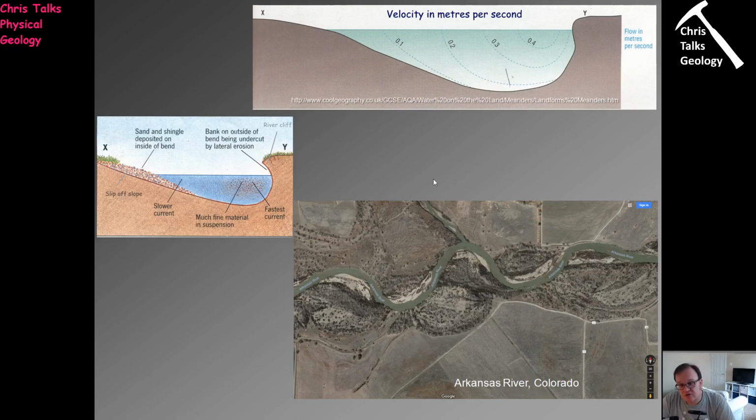In contrast, on the outsides of the meanders, you can see there is no sediment being deposited. That's because this is where the water is moving fastest, and it's actually eroding into the banks. So over time, the river is actually going to accentuate these meanders. They're going to become even more extreme the longer they exist.